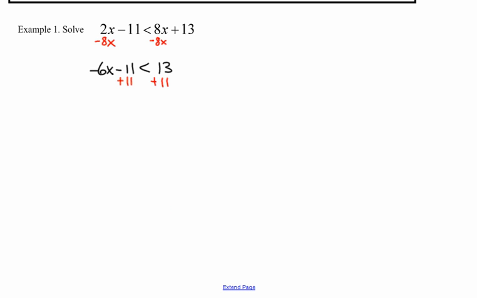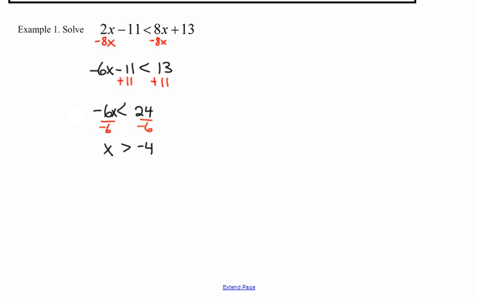So we have negative 6x is less than 24. And when we divide both sides by a negative, remember we have to flip the inequality. So x is greater than negative 4.